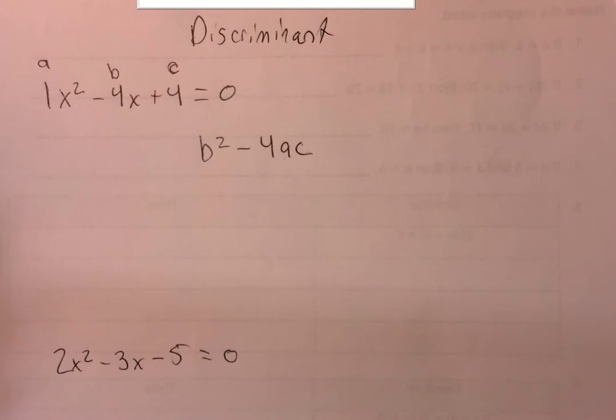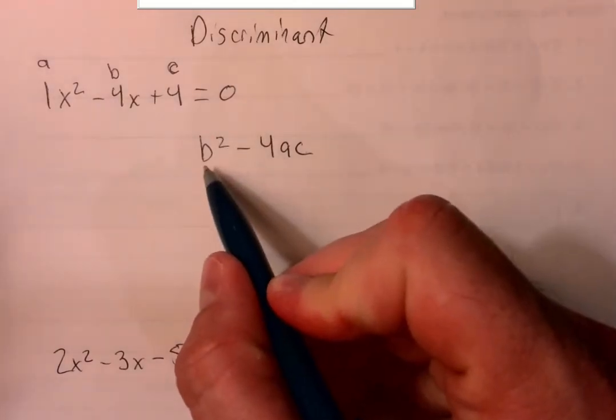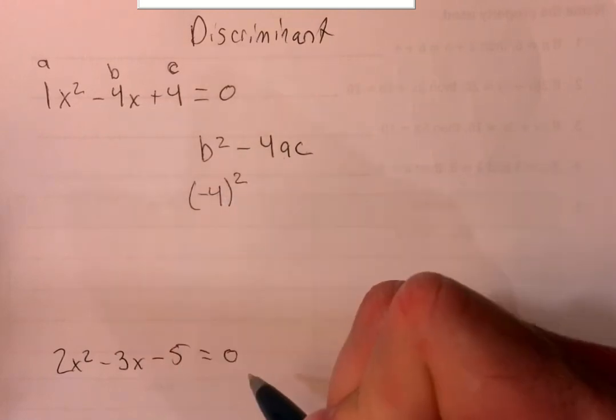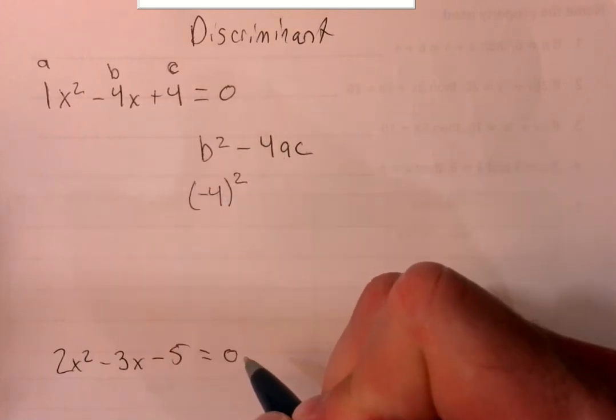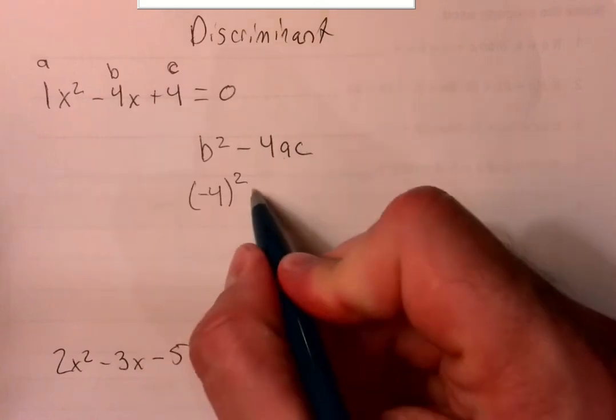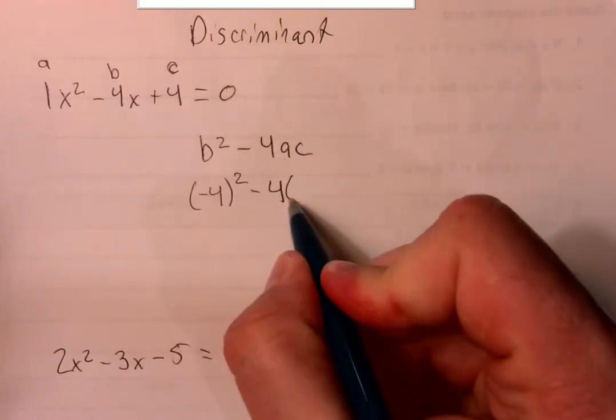And so what I'm going to do is plug those numbers into this formula. So b squared, now watch what I do here. B squared, notice I put -4 in parentheses. If you're going to plug it in the calculator, that is super important. Make sure you put it in parentheses. Minus 4ac.